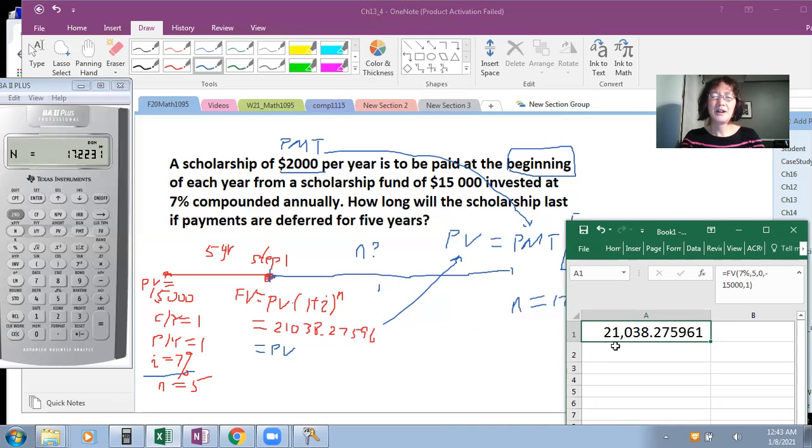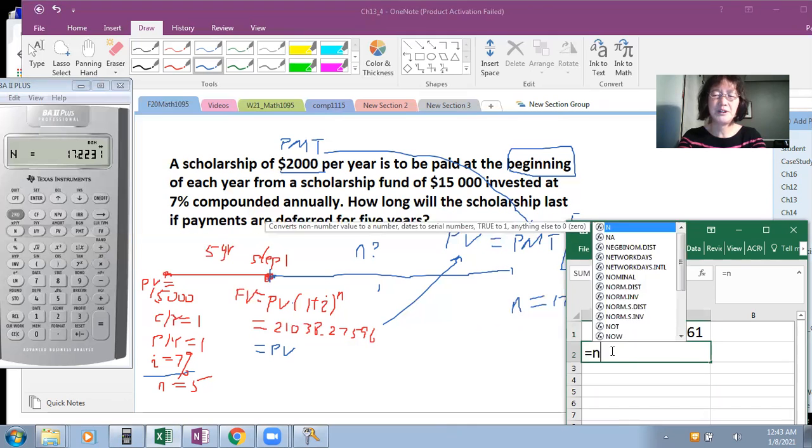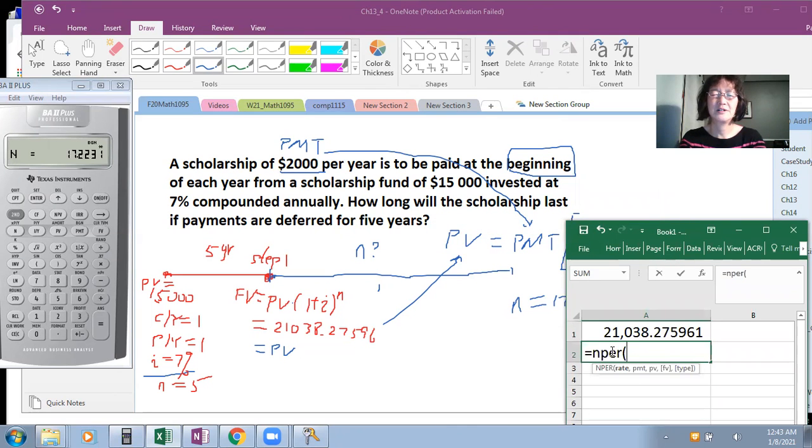And then for how long, you use NPER, rate 7%, PMT negative 2,000, PV, this number is present value, FV is 0, type is 1. See, you get the same number as we get from the calculator.